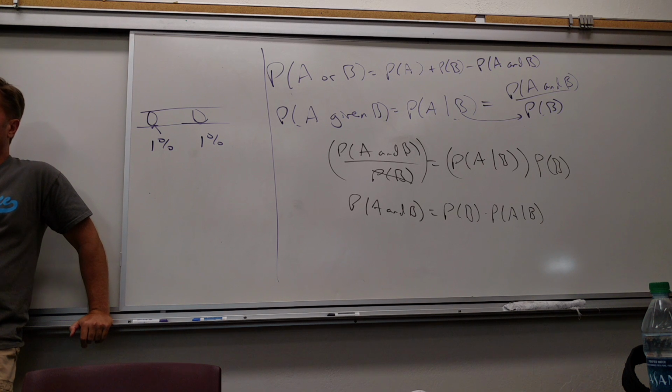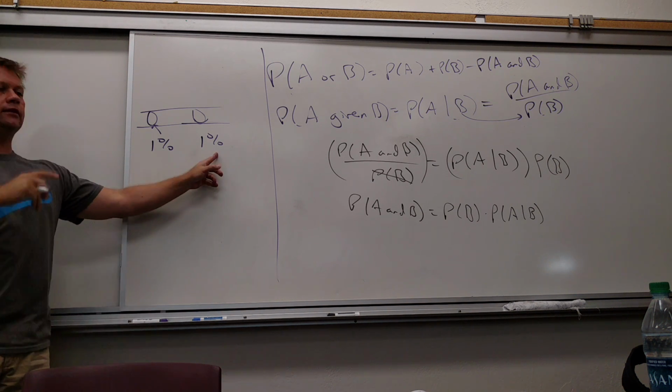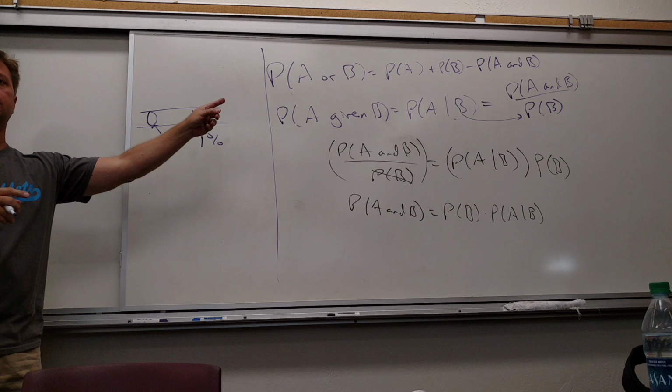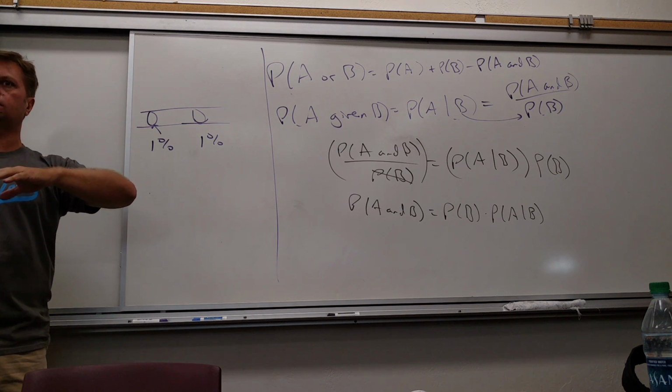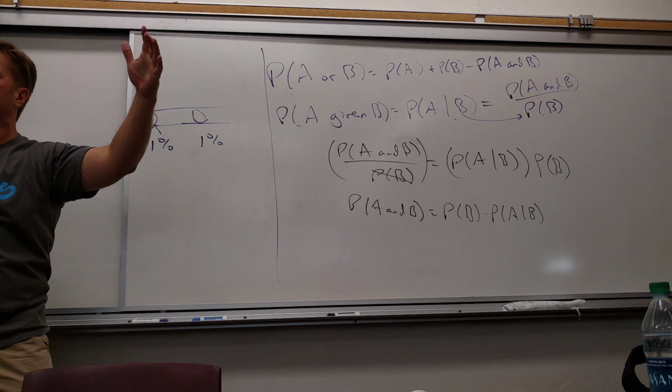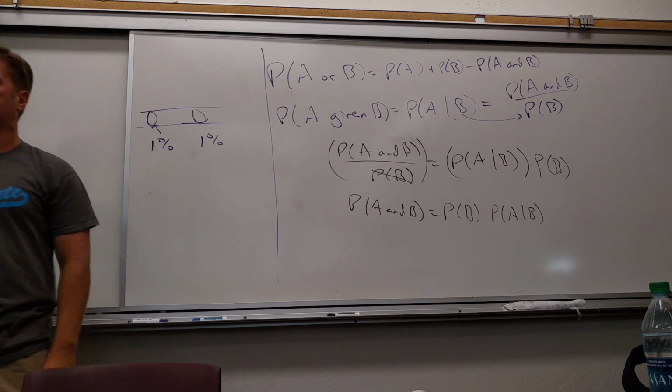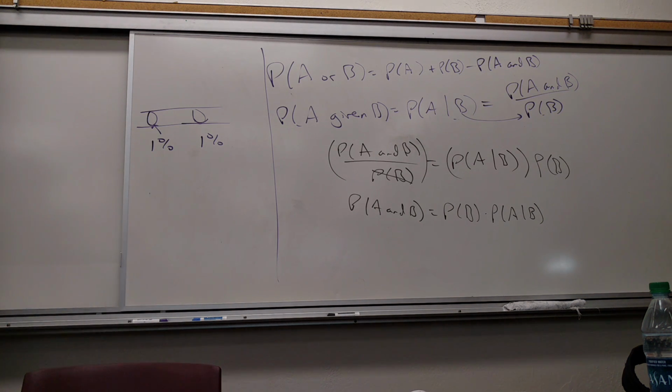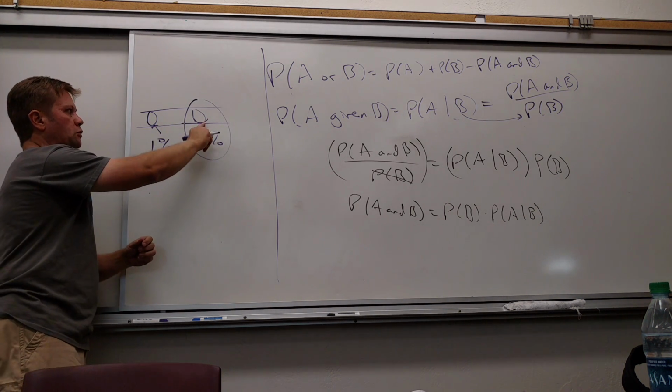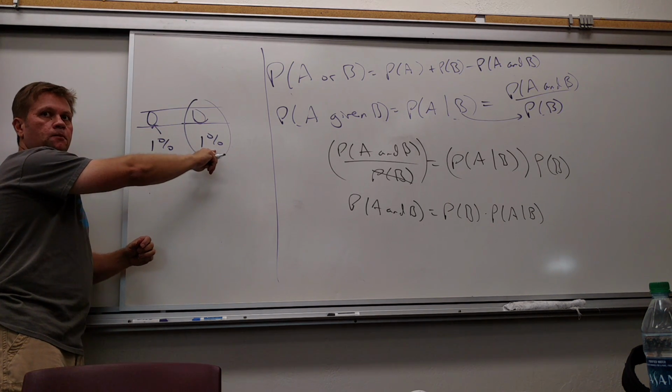So if I added these two to see what the total chances were, the chance that it fails grows. That didn't make any sense. I put more locks in the door, and it should get harder. The chance should go down. And sure enough, what percent of the time will this one fail? 1%.